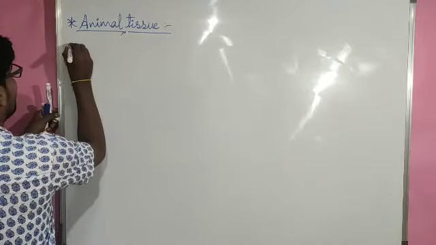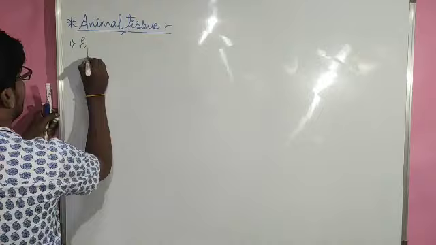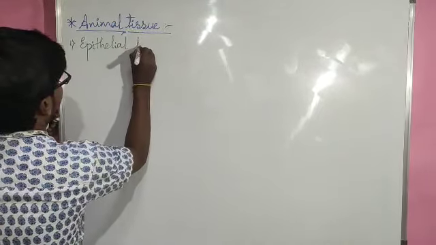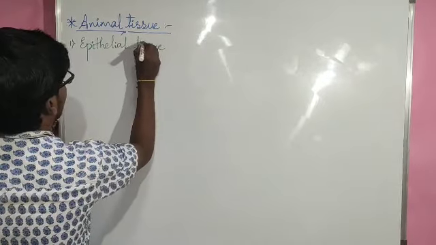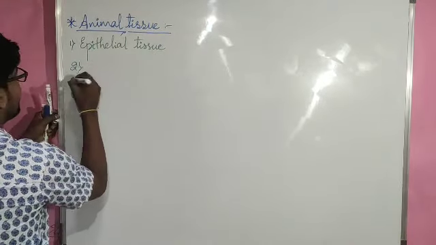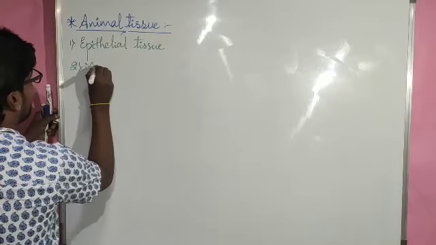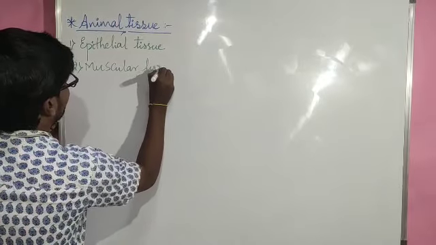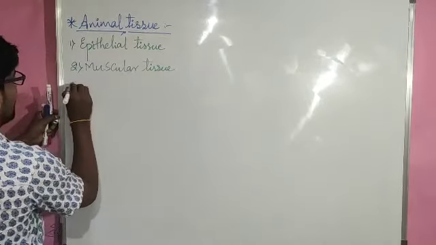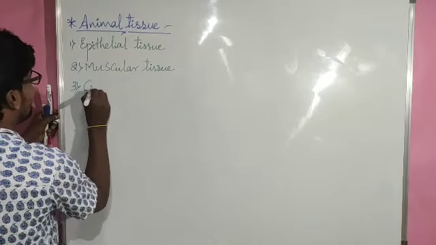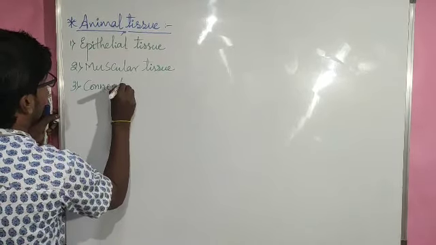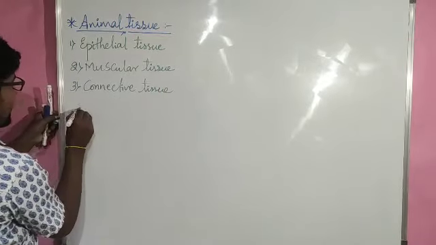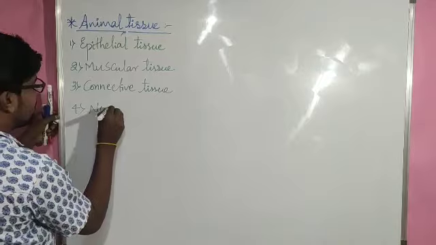Okay, let me write here. The first one is epithelial tissue, the second one is muscular tissue, the third one is connective tissue, and the fourth one, the major one, is nervous tissue.